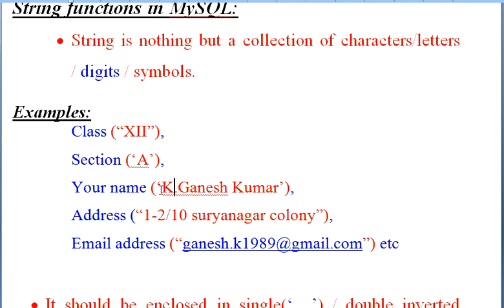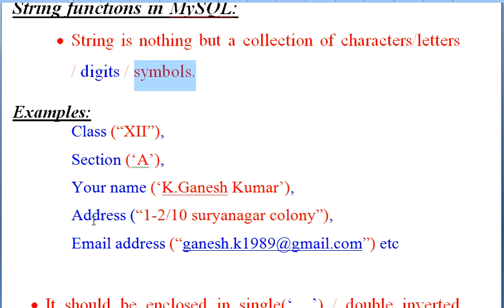So when you write any name including a space and a dot, it can also be treated as a string. In this case we have used special symbols like a dot and a space. So a string can be a collection of all three: digits, symbols and characters.